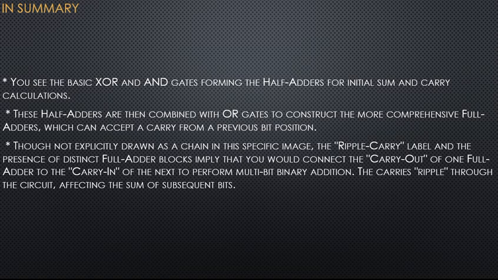Though not explicitly drawn as a chain in this specific image, the ripple carry label and the presence of distinct full adder blocks imply that you would connect the carry-out of one full adder to the carry-in of the next to perform multi-bit binary addition. The carries ripple through the circuit, affecting the sum of subsequent bits.